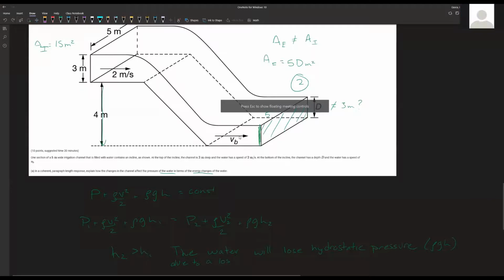Oh, so then how would H be more? Because I fumbled. Yeah, there you go. Thank you. I appreciate that. So H2 should be less than H1. Thank you. Due to a loss of, thank you, no problem. Have a good weekend. Gravitational potential energy.